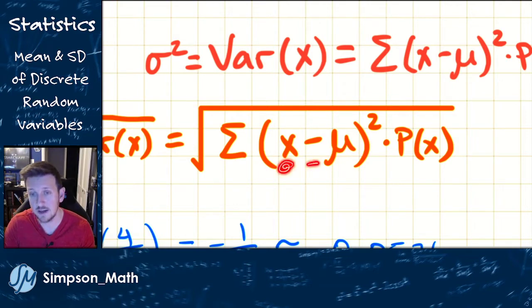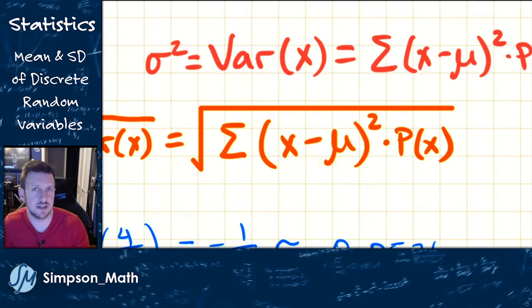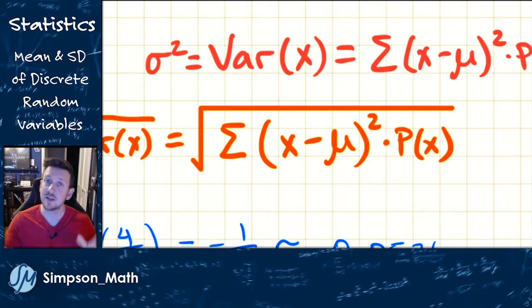So you do x minus mu, that's the deviation. Then if I add up all those deviations, remember, the sum of all those deviations will always and forever be 0. That's because the mean is a physical balance point of your distribution, and I don't care what distribution you give me, if I find the mean and then all the deviations, add them up, it's always going to be 0.